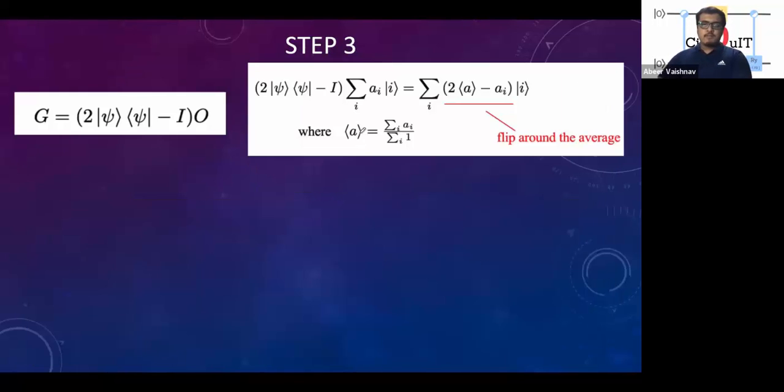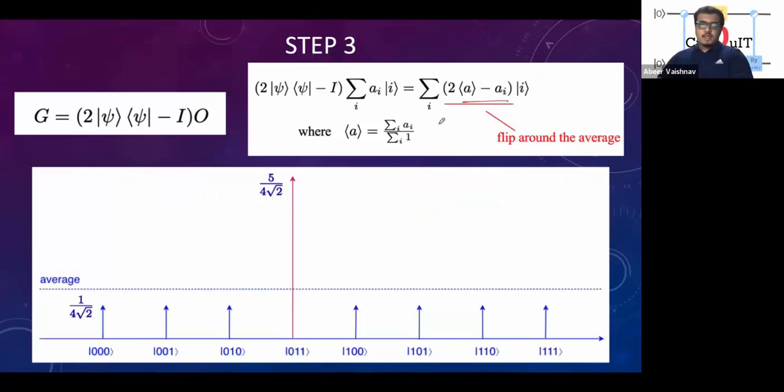Let's see how that happens. There is a bit of mathematics involved in this. When we implement this operator, it calculates this average value and then does a reflection of the marked state about the average. Finally, we get something like this, where the amplitude of our marked state has increased, and the rest of the amplitudes have decreased, whereas the average remains constant.